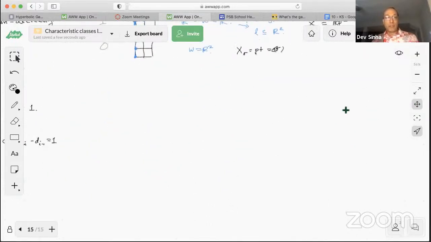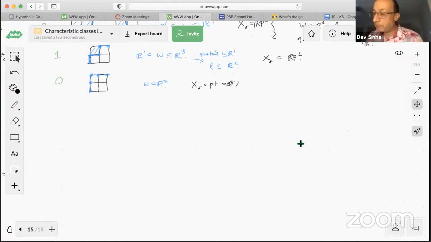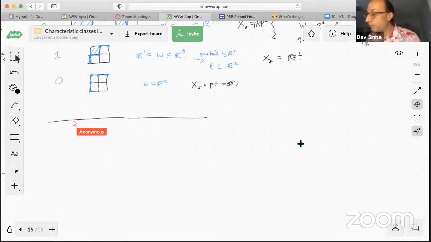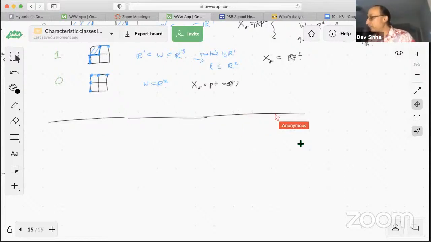Let's talk about the cell structure, though. Let's get back to that. And again, I'm going to just sort of sketch things.